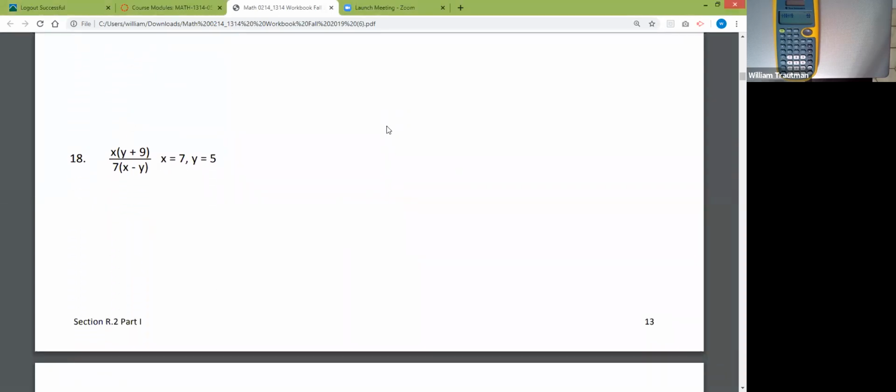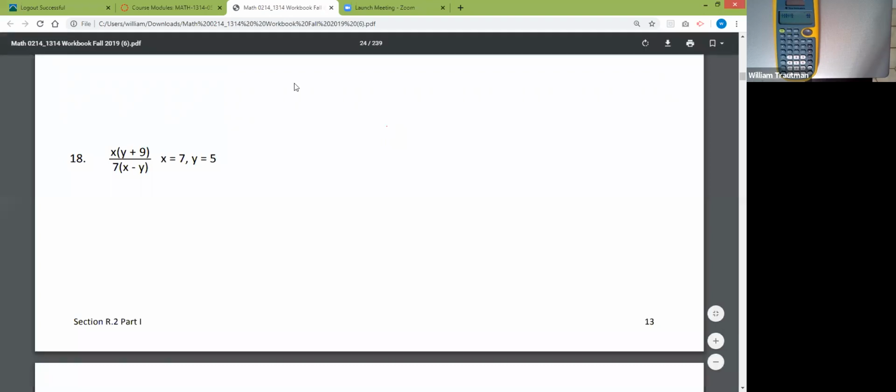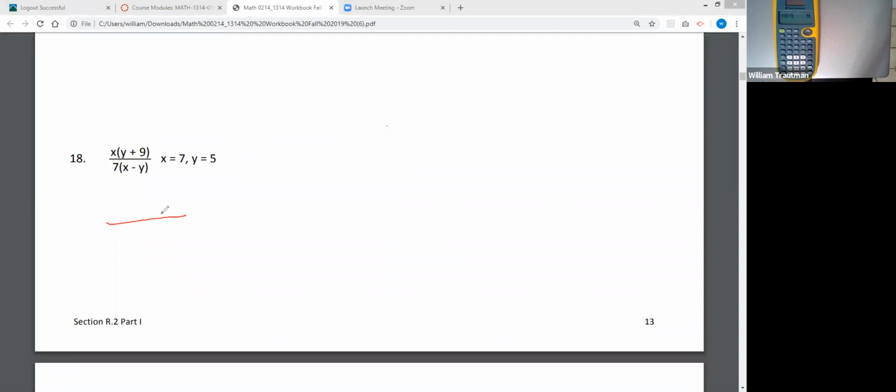So let's take a look at this one. Practice this on your calculator. Here we have a fraction. We have x, then parentheses, and we have y plus 9. On the bottom, I have 7 parentheses, then x minus y.